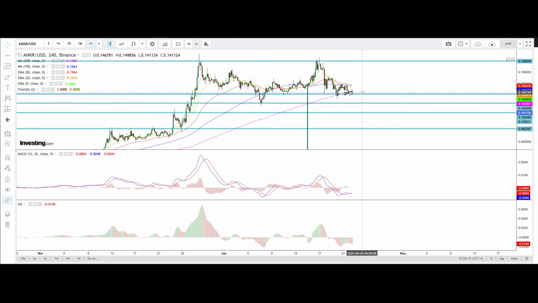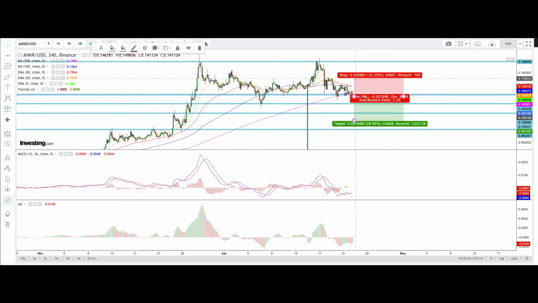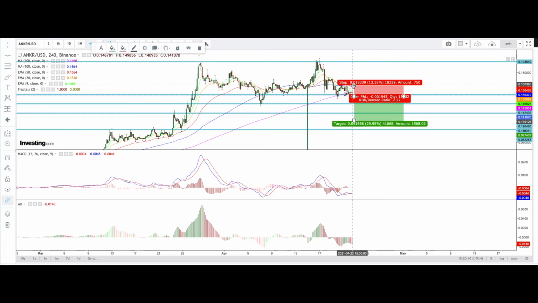You could open up a short position, set your stop loss to around this level. Okay, your stop loss will be around the last moving average, and you could set your take profit to around the 10-cent level.